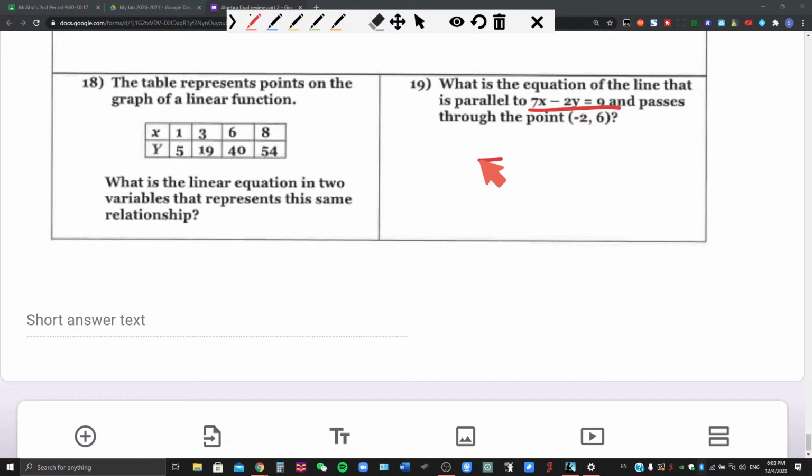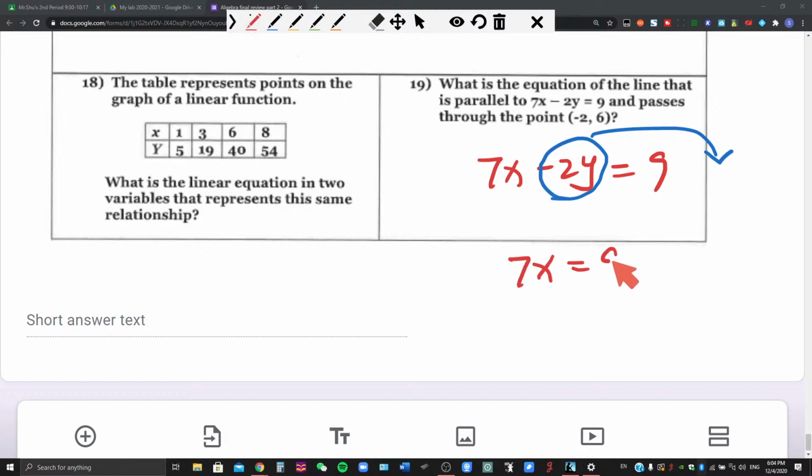Let's write it in the form y = mx + b. Is that a 9? Yes, it's a 9. So I will move the negative 2y to the other side because we want a positive y. Positive 2y. To the other side, you will have 7x = 9 plus 2y, and I move this 9 to the other side, it becomes a negative 9.